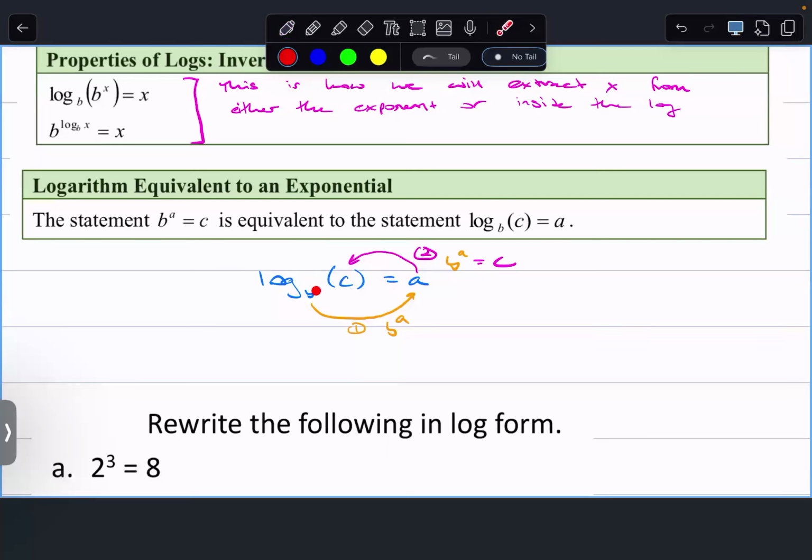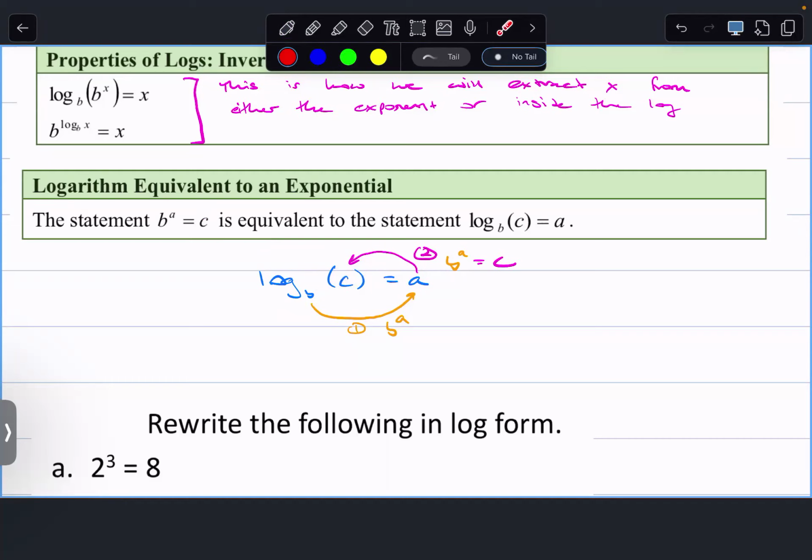So if you wanted to rewrite this log as an exponential function, you're going to go around this loop, a loop-de-loop. And so log base b of c is equal to a becomes b to the power of a is equal to c.